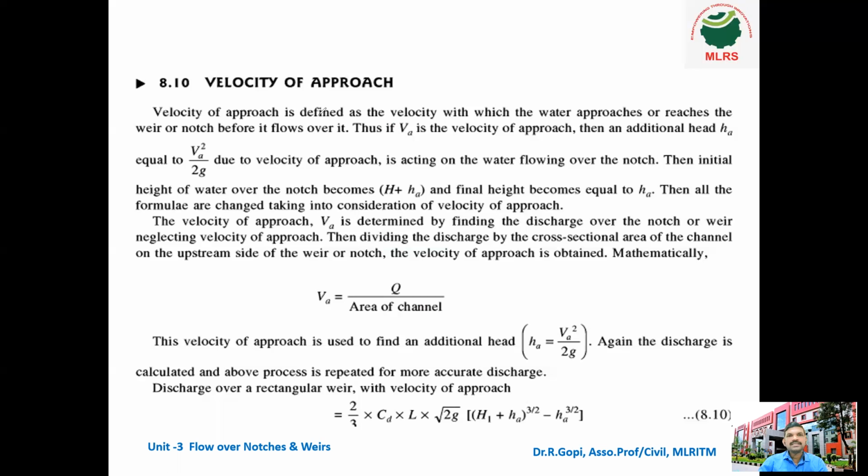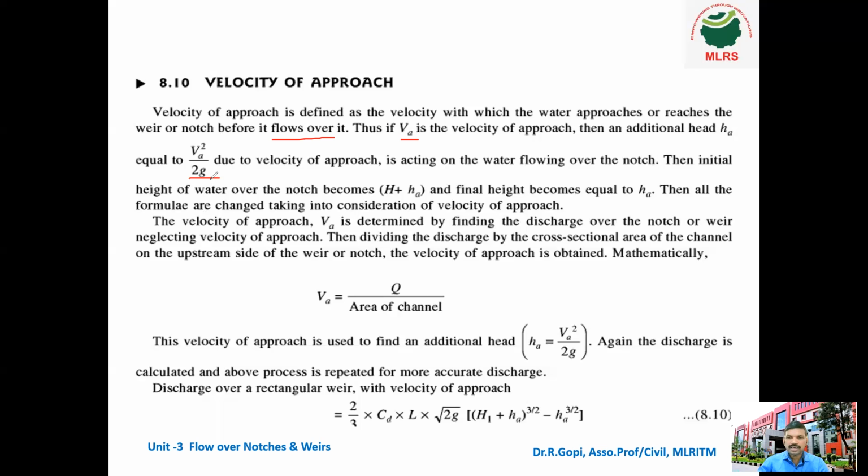Velocity of approach is defined as the velocity with which the water approaches or reaches the weir or notch before it flows over it. So when it reaches the notch or weir, before it flows over, we must consider that velocity of approach. Thus, if VA is the velocity of approach, where the subscript A means approach, then an additional head HA is equal to VA square by 2g.